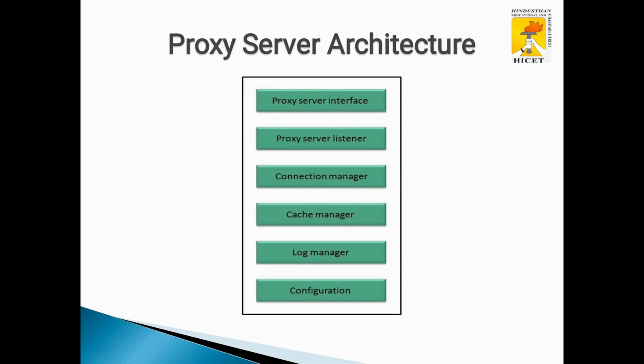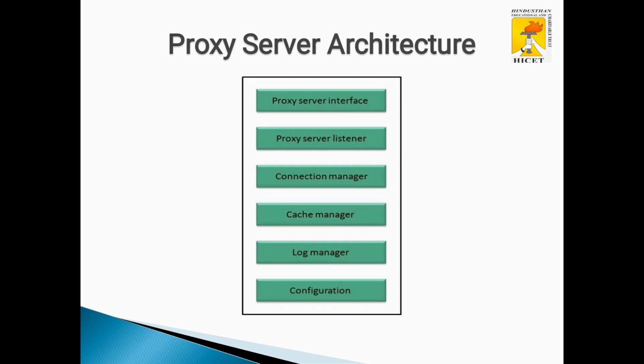Next, we are going to see about architecture of proxy server. It is a multi-layer architecture. Now we will discuss the layers one by one. Okay. So first layer is proxy user interface.